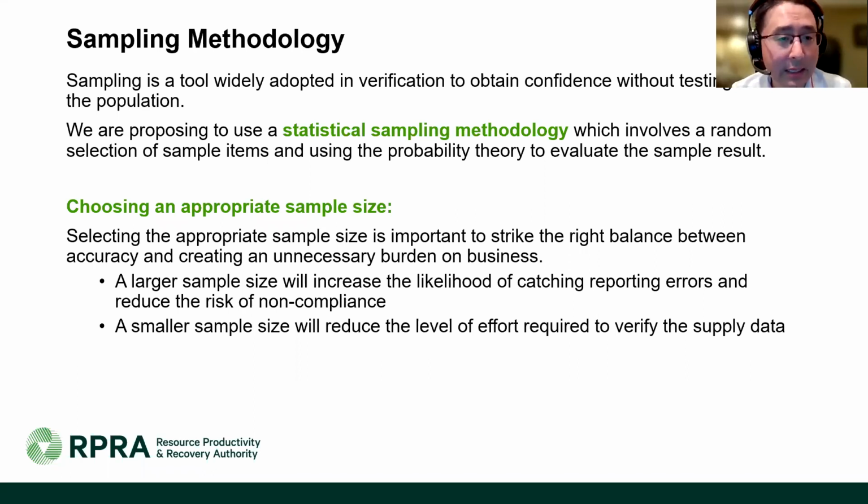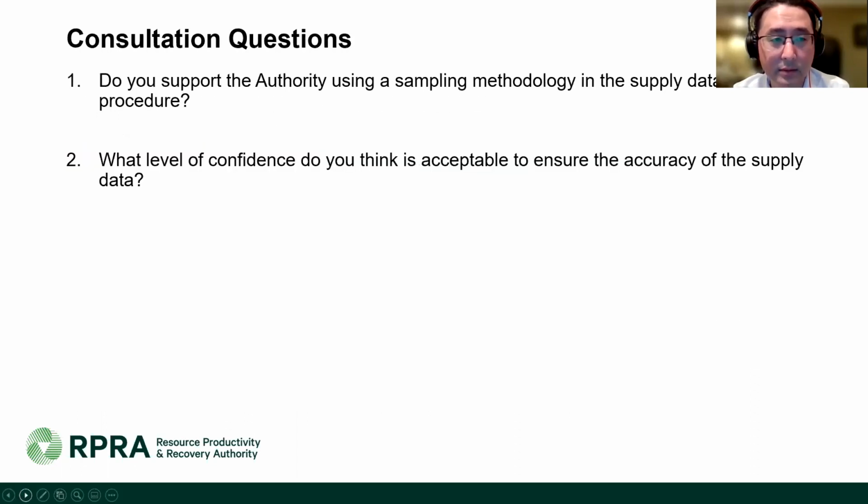I think that wraps up my discussion of the sampling methodology, and I'm going to turn it to Michelle to go over some of the consultation questions we want to ask.